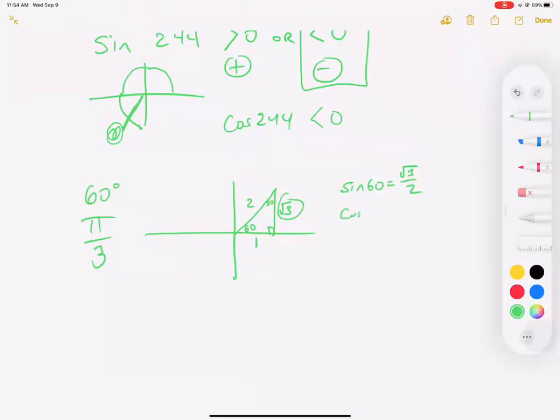My cosine of 60 is adjacent over hypotenuse. That's 1 over 2. My tangent of 60 degrees is square root of 3 over 1. No calculator needed. If you want to check on a calculator right now, let me go ahead and show you guys.